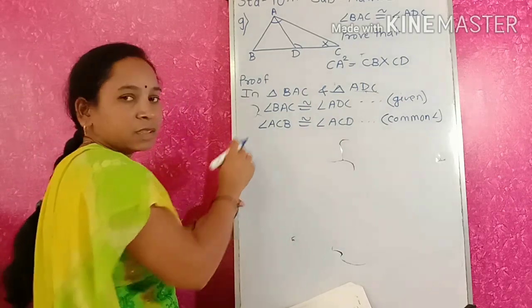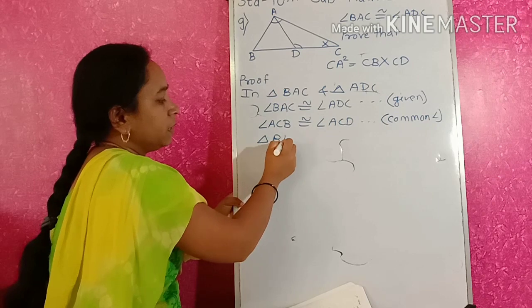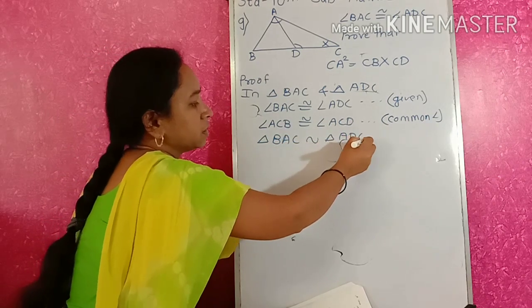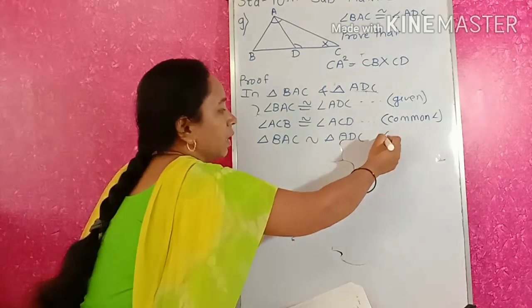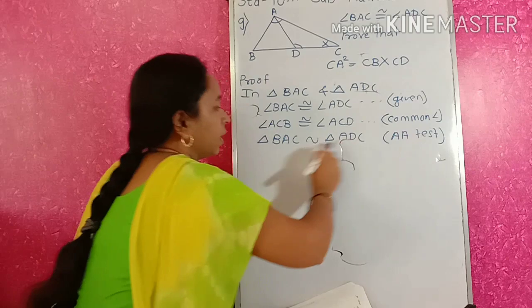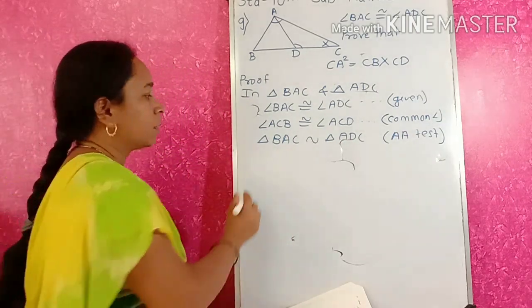Now, by which test are these two triangles similar? So, triangle BAC is similar with triangle ADC by AA test. And if these two triangles are similar, then their corresponding sides are in proportion.